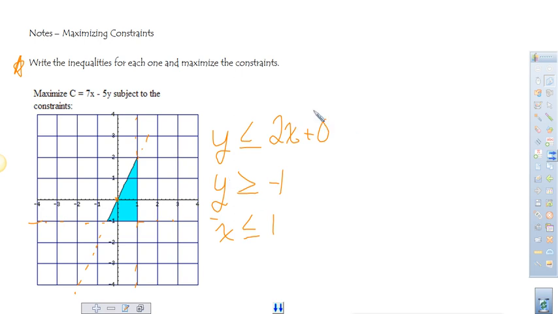Okay, so let's maximize these constraints. If you don't know what that means, it's totally fine. I'm going to tell you. What we're going to do is look at our intercepts here. Where these different inequalities intercept, what are the coordinates? This first one right here is at 1, 2.